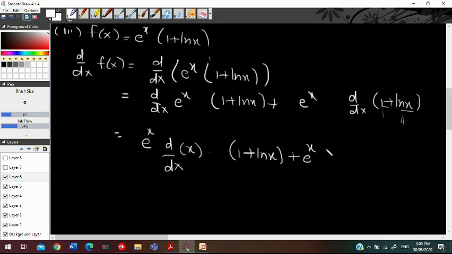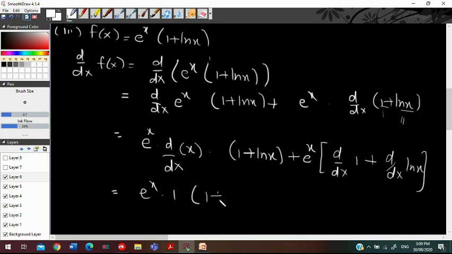Now you apply the derivative separately on both terms, dy/dx of 1 plus dy/dx of log of x. The derivative of x with respect to x gives exponential of x into 1 and 1 plus log of x, plus exponential of x, the derivative of a constant is 0, and for the natural log function, the derivative is 1 by x, and then the derivative of this x.